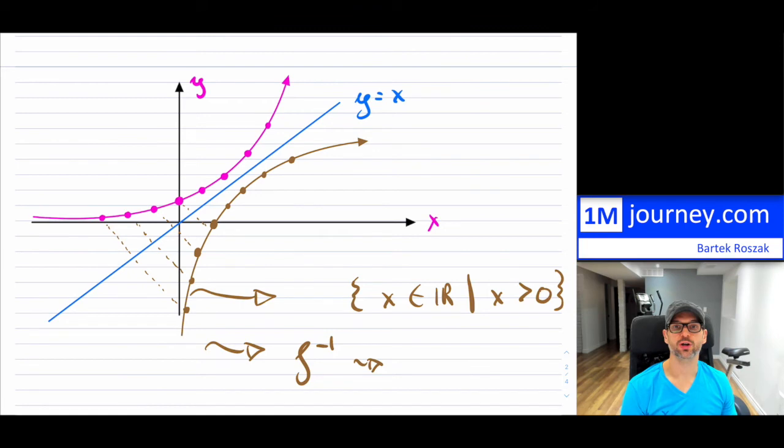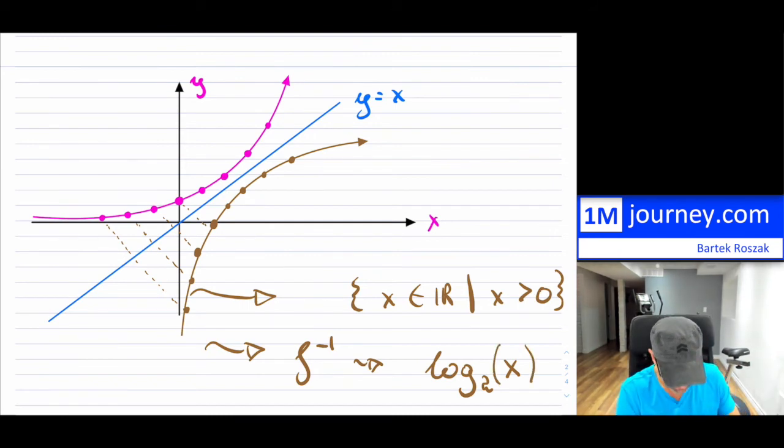We called it logarithm. And we write this function as log, with a subscript of whatever base we are using, 2, and then whatever the input is. So this is our function.